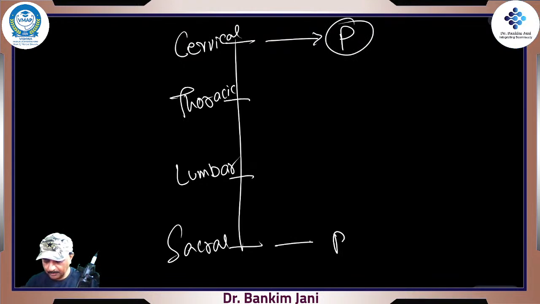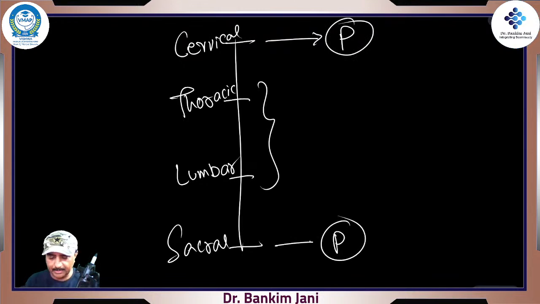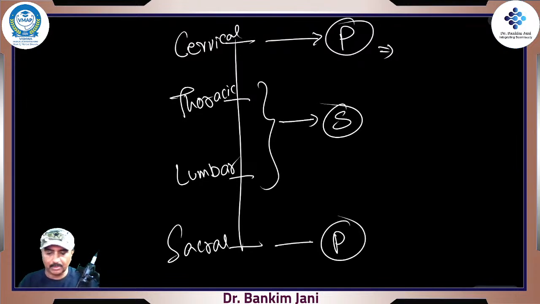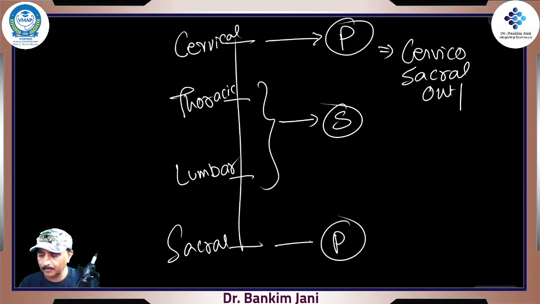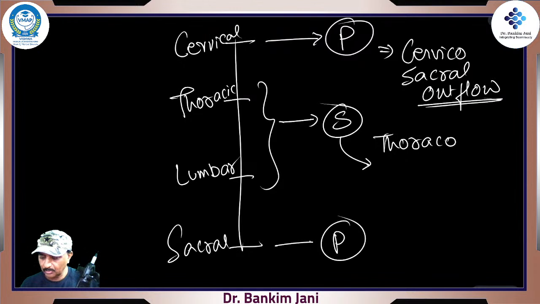Here is parasympathetic. And here is sympathetic. So that's why parasympathetic is also called cervico-sacral outflow. And the sympathetic is called the thoraco-lumbar outflow.